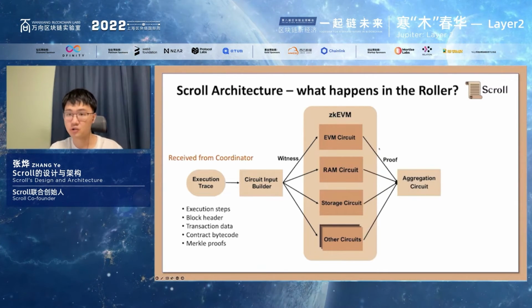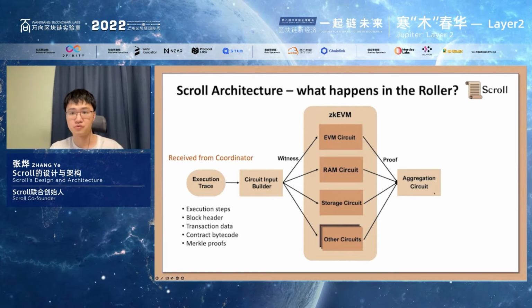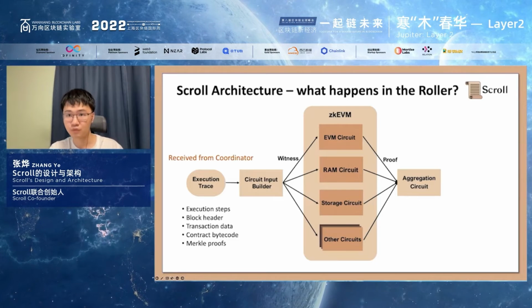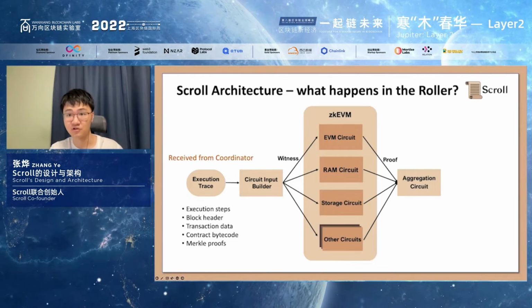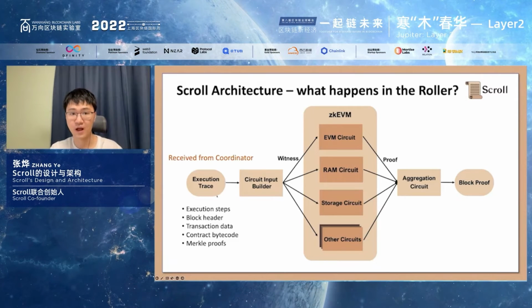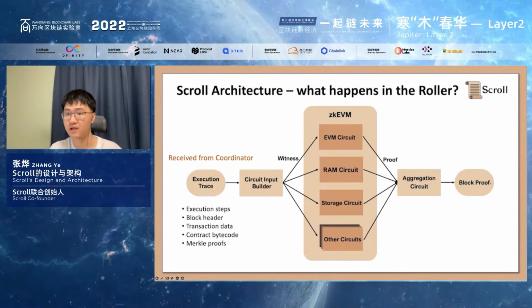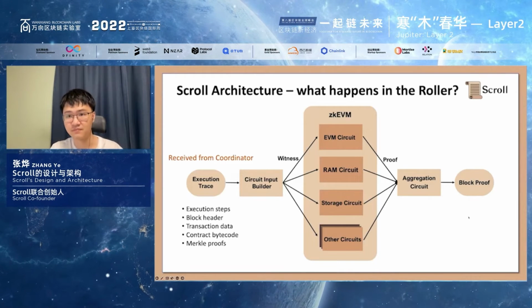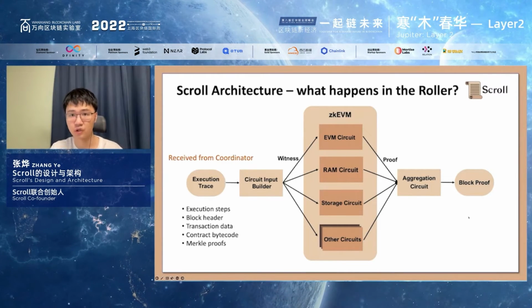And you will generate multiple proofs. So we will use one aggregation circuit to aggregate multiple proofs into one proof to reduce your final on-chain cost. So for one block or one execution trace, you will get one block proof. So that's what's happening in the prover or roller.